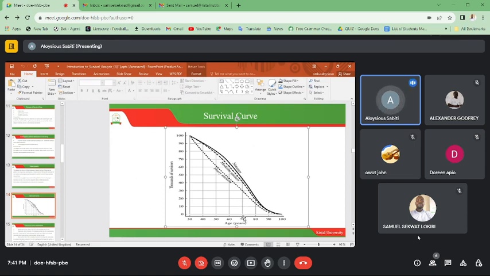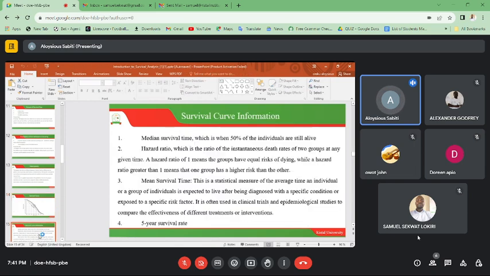But at age 70, for the heavy smokers, there are only about 35,000 that are surviving. So you can see the survival curve for those who are smokers in that regard.